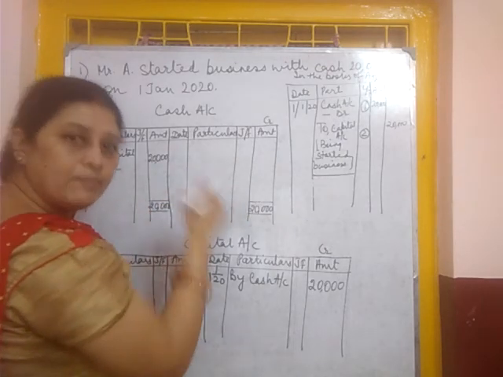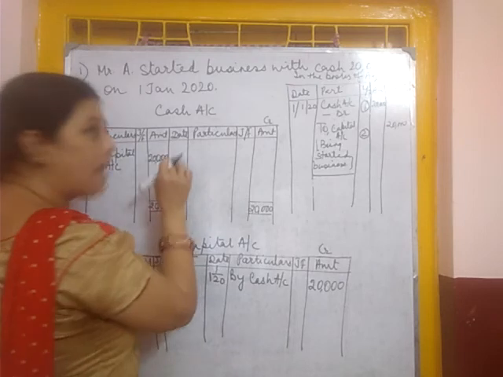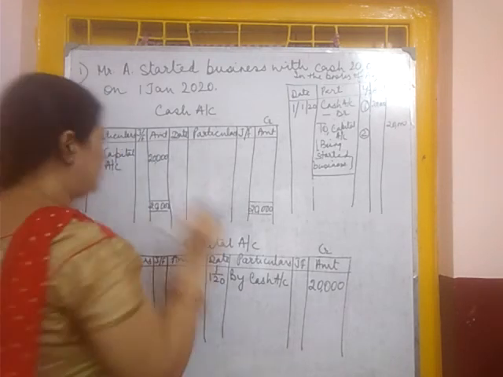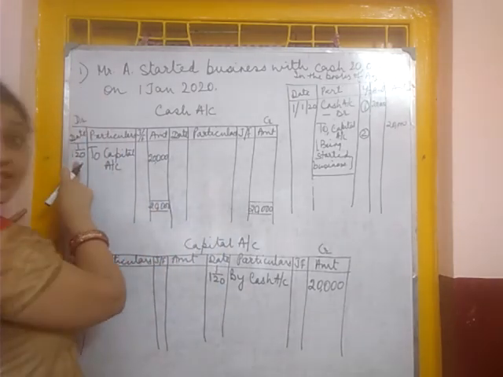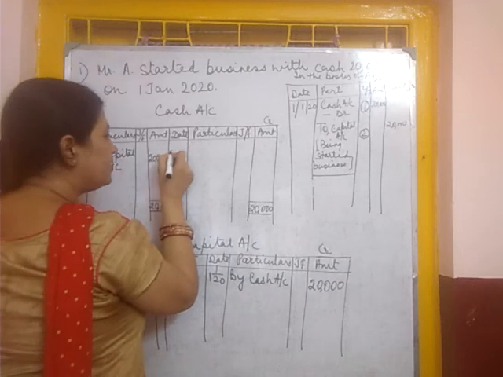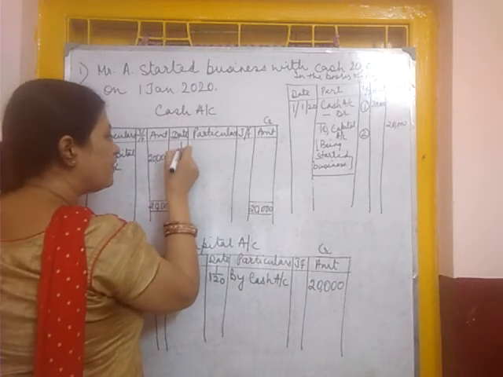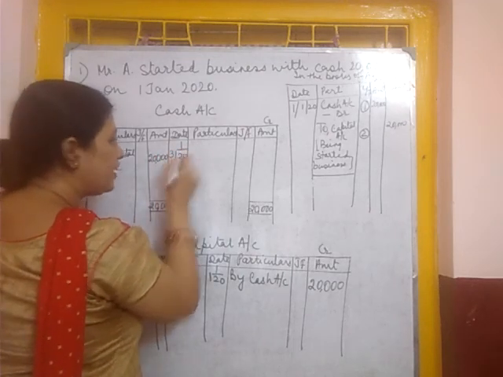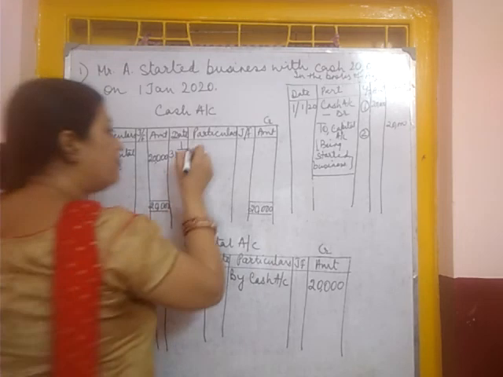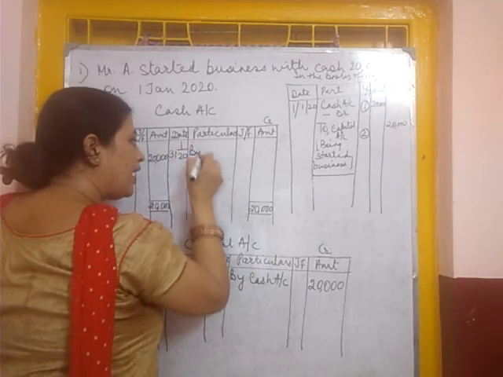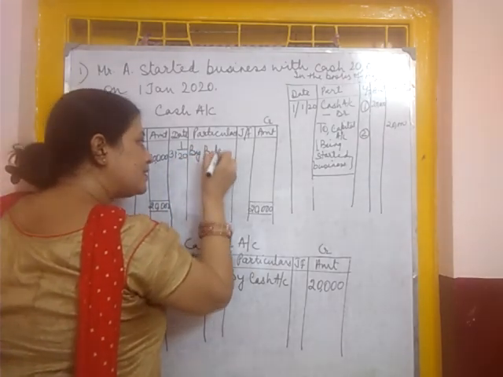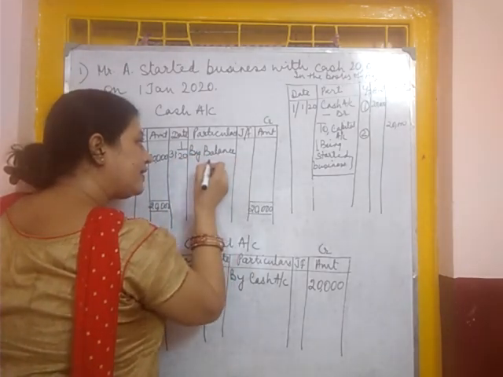So on the last day of the same month, that is 31st January 2020, we will write by balance c/d.